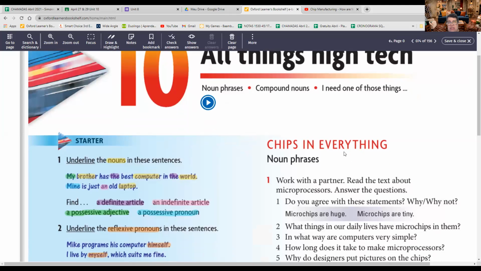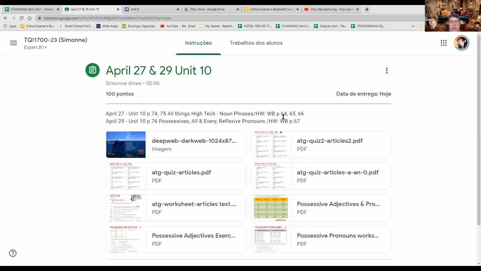It's already almost 6:30, and I would like you to do some exercises about the noun phrases. So let me show you the homework I posted here. Yes, there you go. The workbook pages are 64, 65, and 66. They are all about noun phrases.